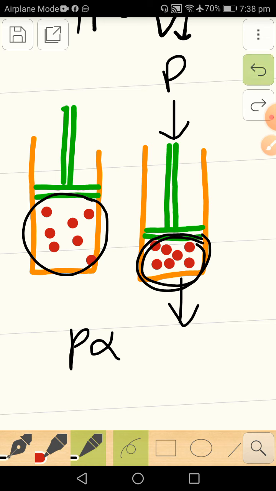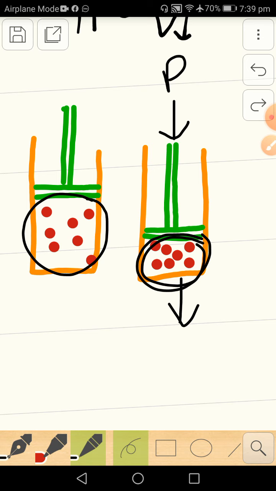So, now write the note, please. If the pressure is increased on gas reactants, then the particles would be closer due to reduction in volume, and therefore, there is a greater chance and frequency of collision between the particles.